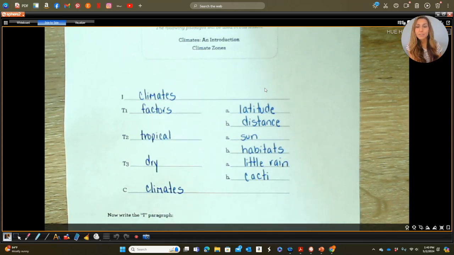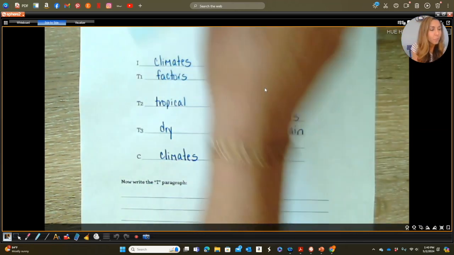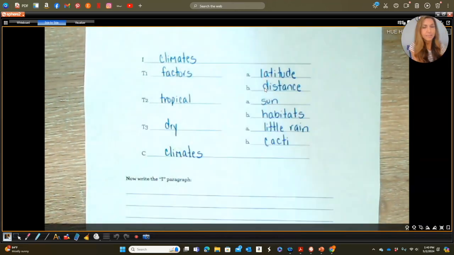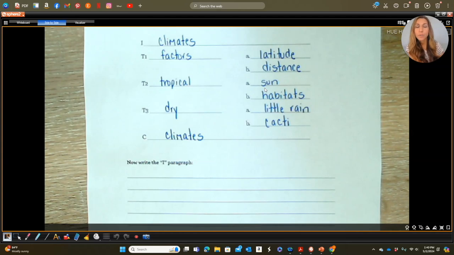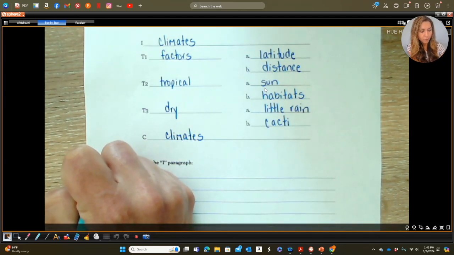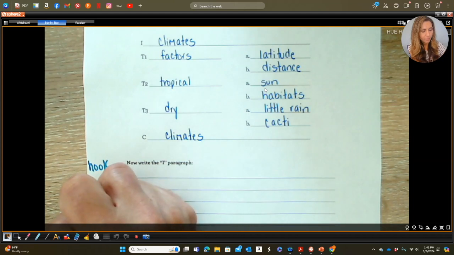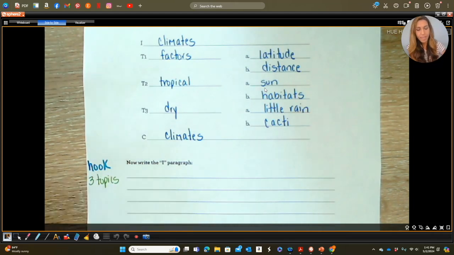All right, boys and girls, so together now we are going to write an introduction paragraph for this text set and prompt. We're going to write a simple three-sentence introduction, just like I modeled for you about the alligators text set. We are going to begin with a hook, then we will have a three-topic sentence, and finally we will have a closing statement.